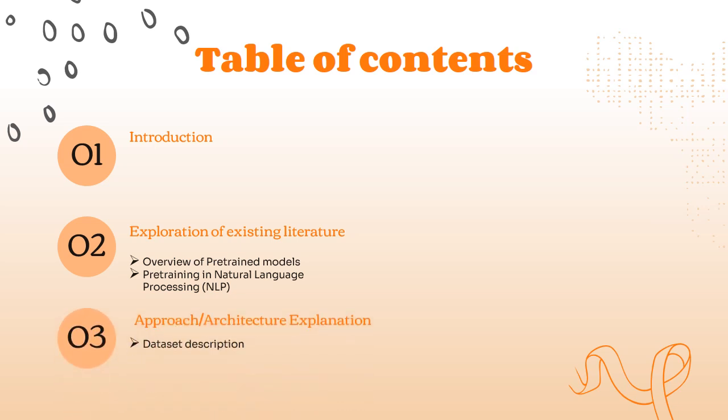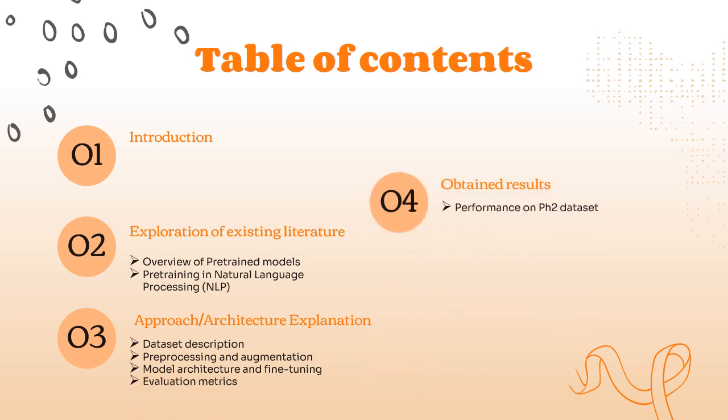Then we're going to move to the explanation of the architecture, in which we're going to see the used data set, pre-processing and augmentation, the model architecture and fine-tuning, as well as evaluation metrics. And after that, we're going to explore the results obtained performing on the PH2 data set, and we will end with a conclusion and perspective, of course.